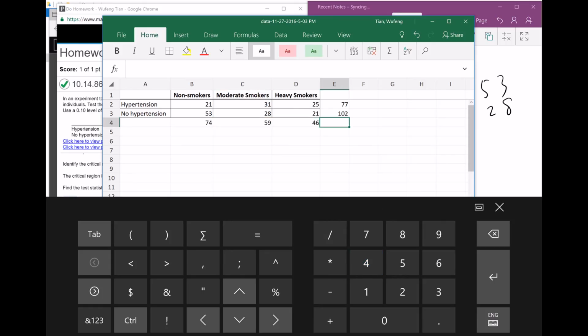The grand total is adding these together: 77 plus 102 is 179.